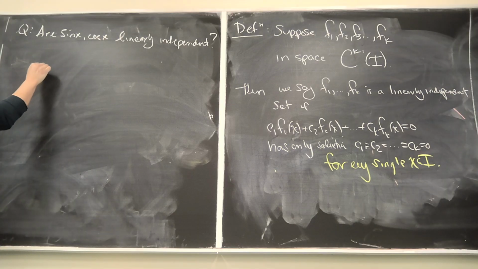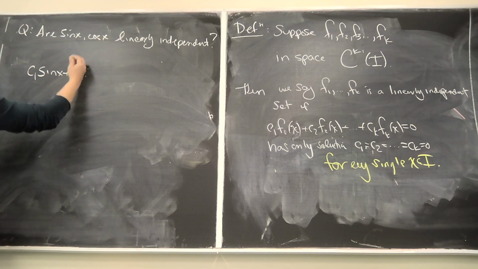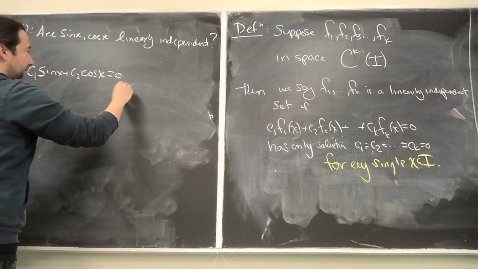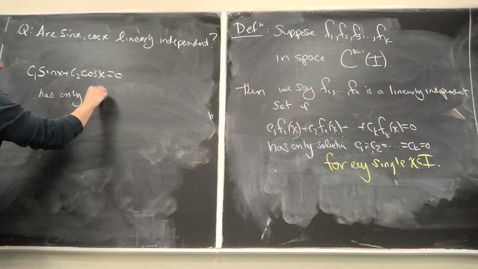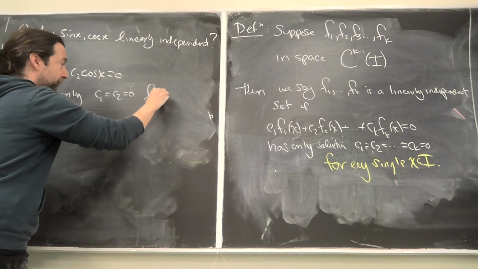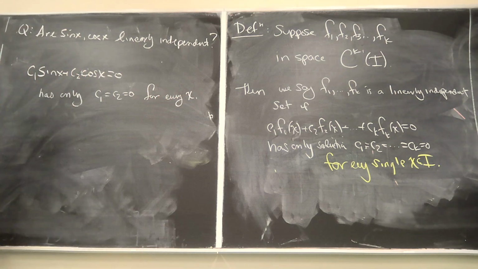Oh, I need to show that C1 times the sine of x plus C2 times the cosine of x is equal to 0 has only the solution C1 is equal to C2 is equal to 0 for simultaneously every x. So you pick a C1 and a C2, you have to check every x for that C1 and C2. That question is impossible.